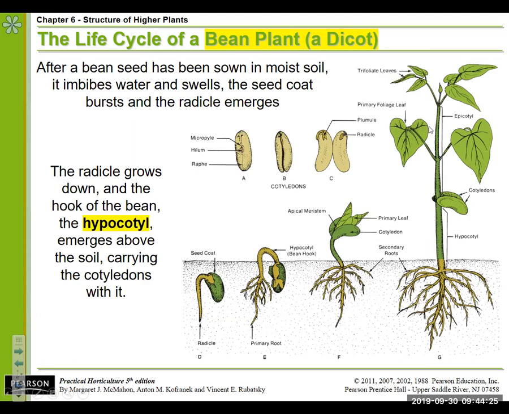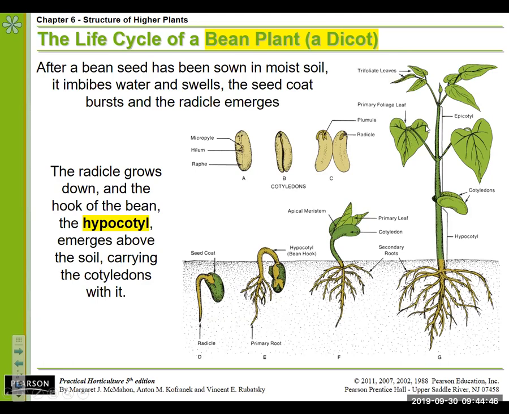And then it starts to emerge leaves. And often in dicots, monocots as well, but much more in the dicots, as the first sets of leaves emerge, they look totally different. The cotyledons don't really resemble the leaves as much.